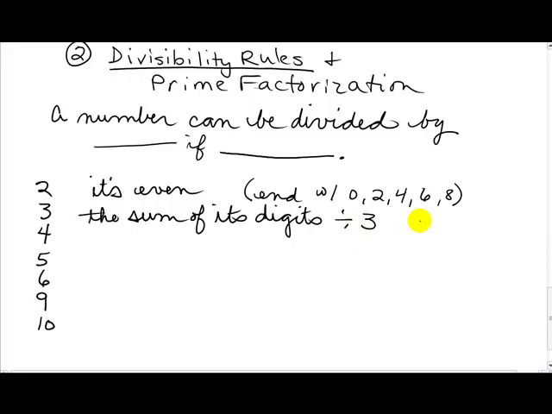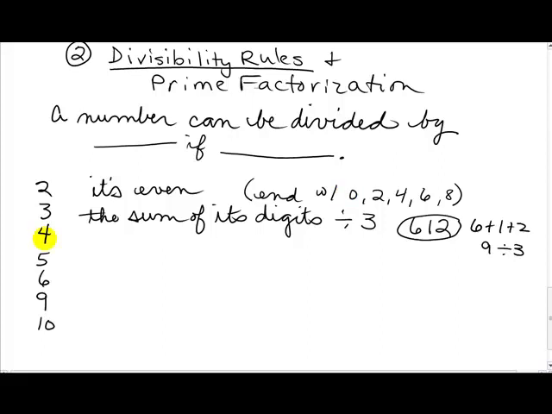So if I look at a number like 612, and I want to know if I can divide 3 into this, I will just take and add. 6 plus 1 plus 2. That equals 9. 9 can be divided by 3. So that means this number can be divided by 3.